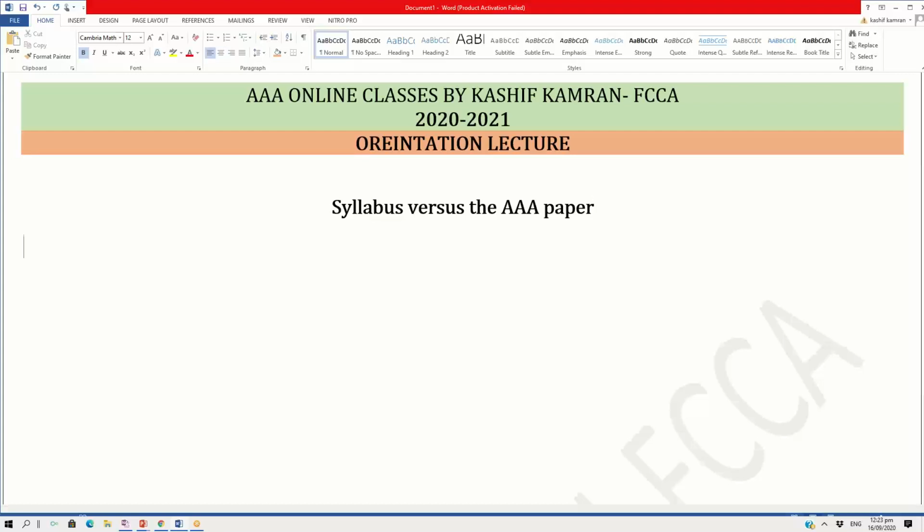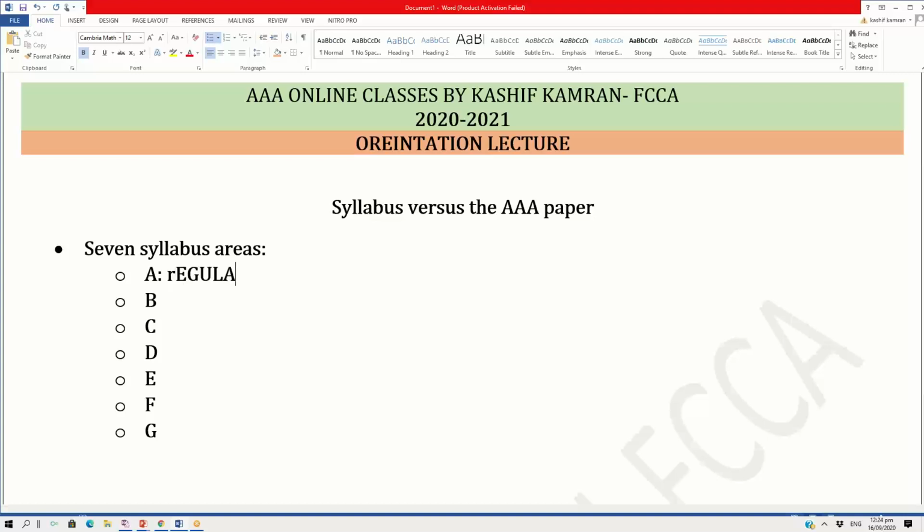Now, first of all, you should know that there are 7 syllabus areas, which run from A, B, C, D, E, F, G. Now, when you look at syllabus area A, it is about the regulatory environment.